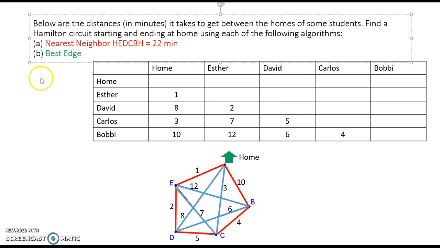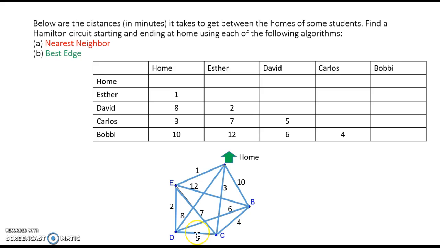So that's nearest neighbor. Now let's look at best edge. So the difference here with best edge is we will create a path that starts from home eventually, but we don't have to select one immediately. Now in this case, the best edge does happen to be connected to home, but let's say that this one was down here instead.